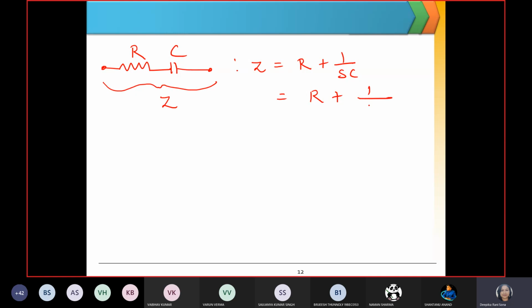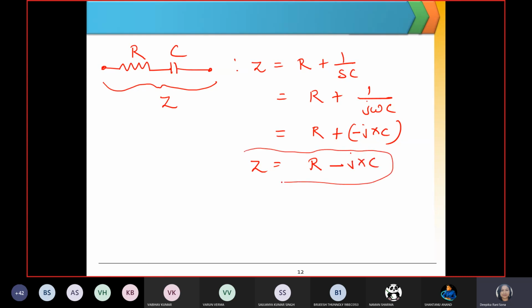So R plus 1 by j omega C. The further simplification is R plus minus of j, 1 by omega C, right? 1 by omega C directly I will represent as XC. So this can be represented as Z value is R minus jXC. This term you remember, guys, because while designing the oscillator we are going to use this value directly. At that time you don't ask me, ma'am, how do we get all this.